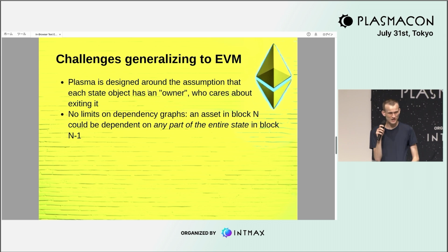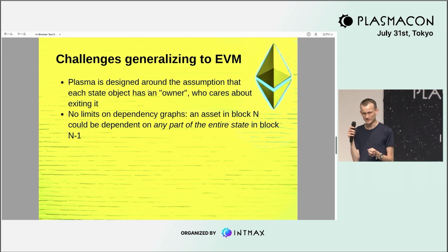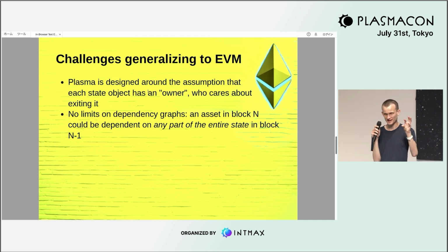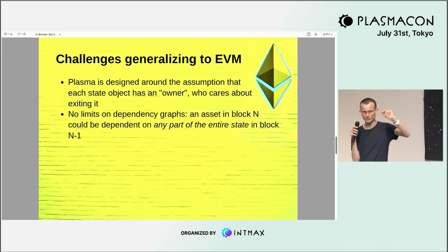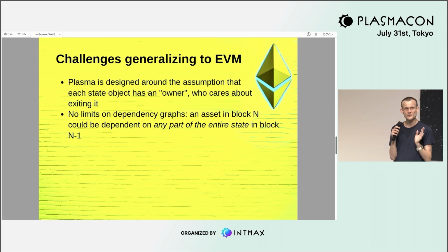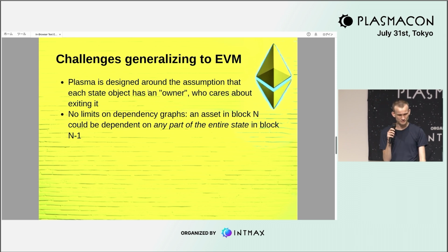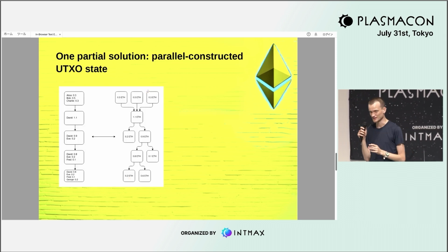Also, in the EVM, there's no limits on dependency graphs, right? Something that happens in block n could depend on absolutely anything that happens in block n minus 1, right? The execution could just go anywhere, read this, write this, read this, write this, combine them together, and then write anywhere else in the chain. So all of this does make an EVM-based Plasma much less convenient.